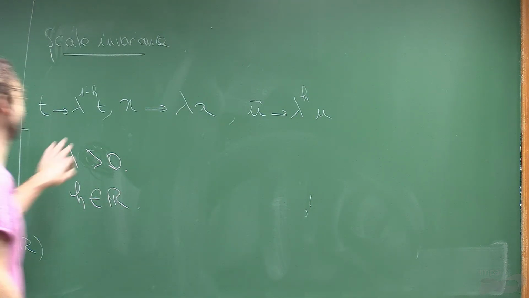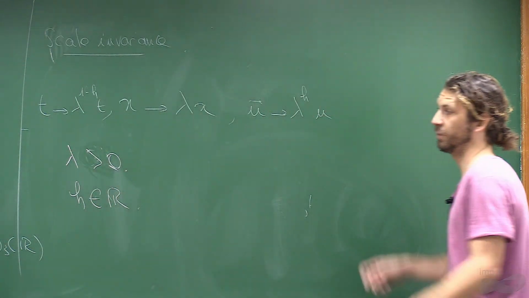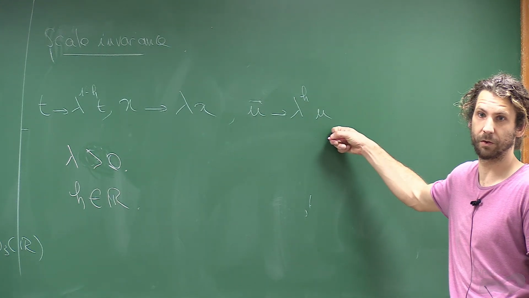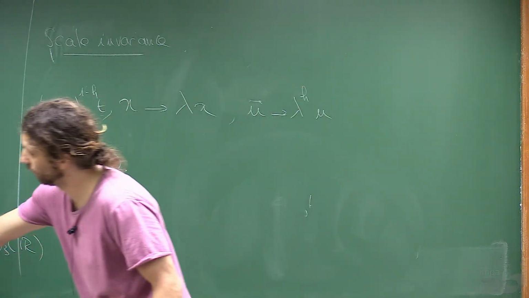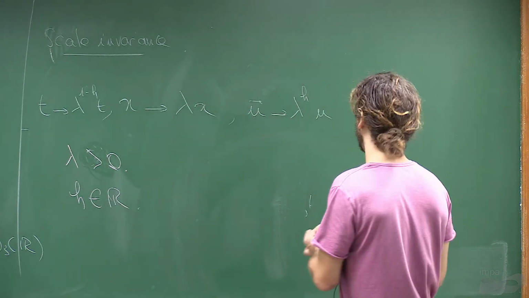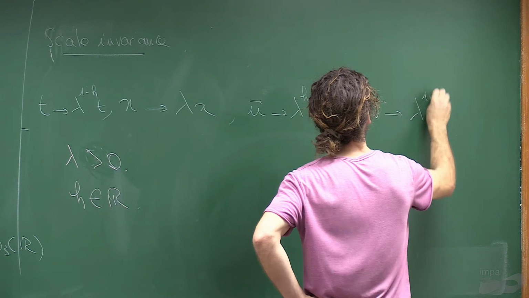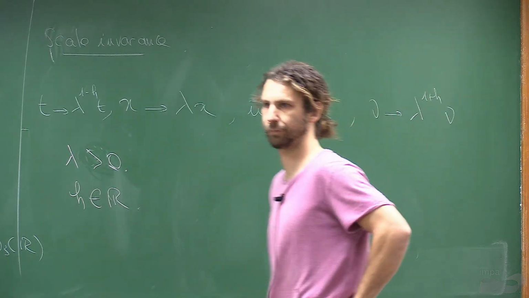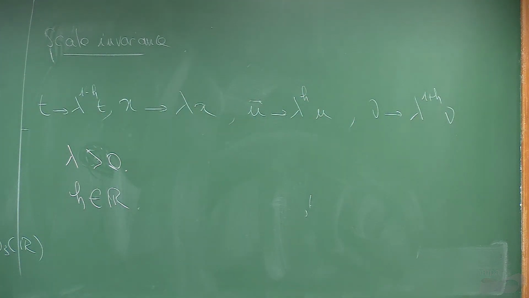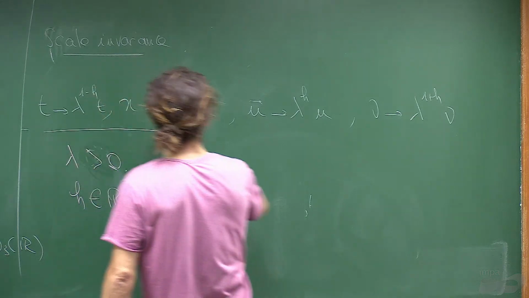If you do that, then you also need to rescale the viscosity. The right rescaling is that nu goes to lambda^(1+h) nu. This is the symmetry by scale invariance.